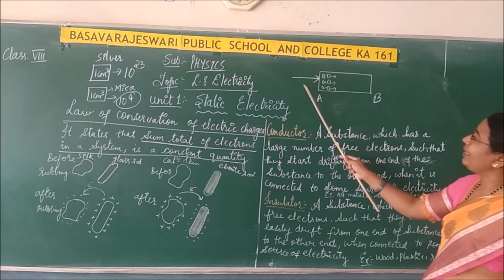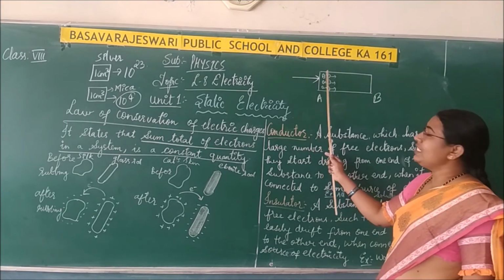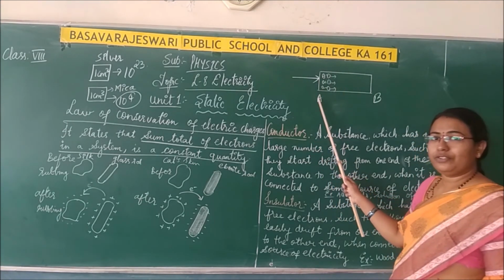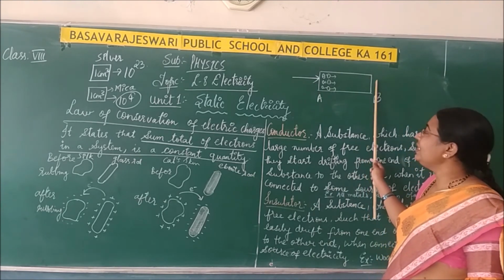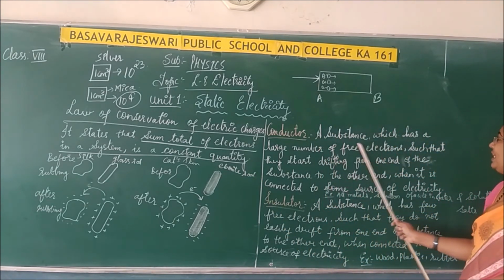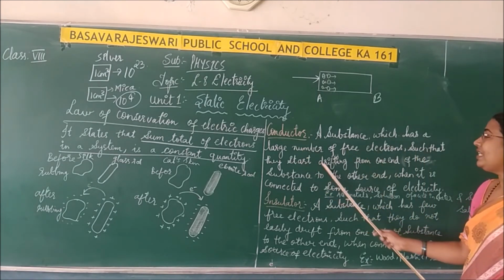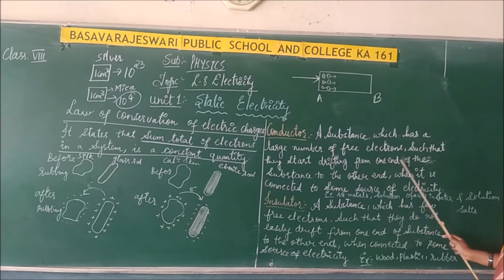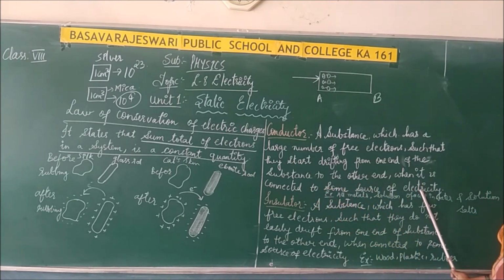As I explained, when I connect this copper wire to the source of electricity, since it is a metal and it has more number of free electrons, they start moving from one end to the other end. So this is called a conductor. Let me tell you once again, a substance which has a large number of free electrons such that they start drifting from one end of a substance to another end when it is connected to some source of electricity is called a conductor.